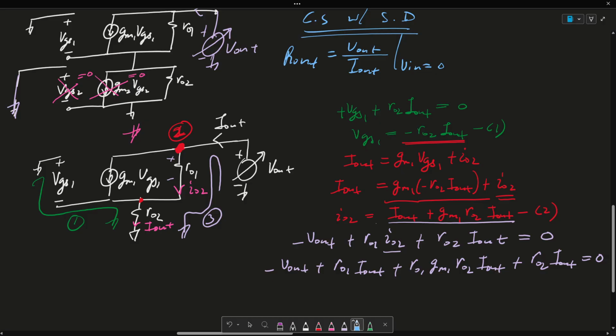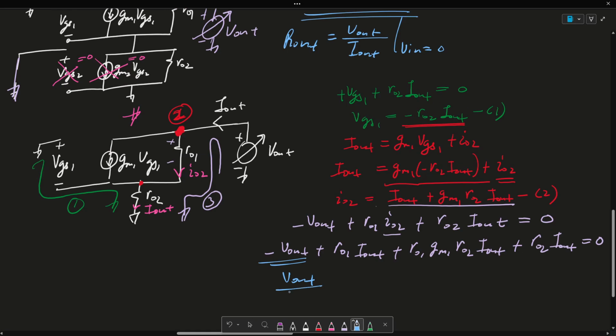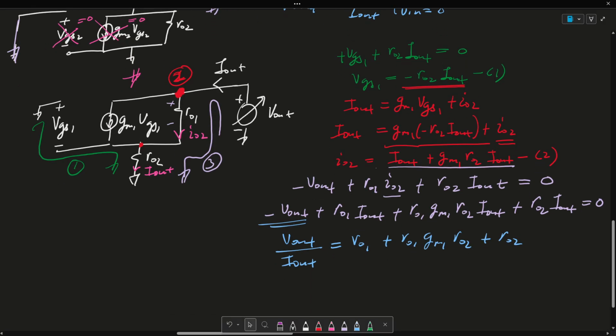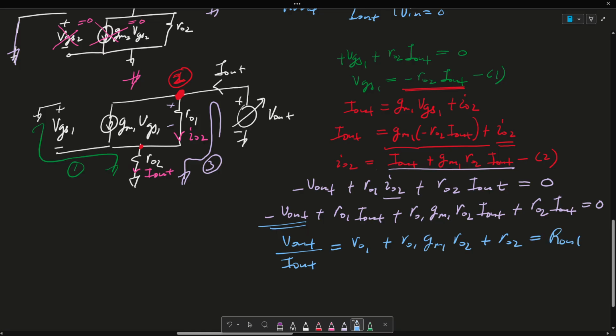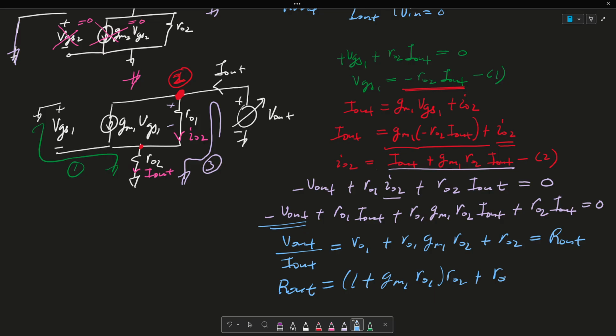So let me go ahead and move this to the left-hand side. So we get V out, and then I'm going to divide by I out. This equals RO1 plus RO1 GM1 RO2 plus RO2. All right. And essentially, this is basically my R out that we wanted to find. But the nicest way to write this is R out equals 1 plus GM1 RO1 times RO2 plus RO1.